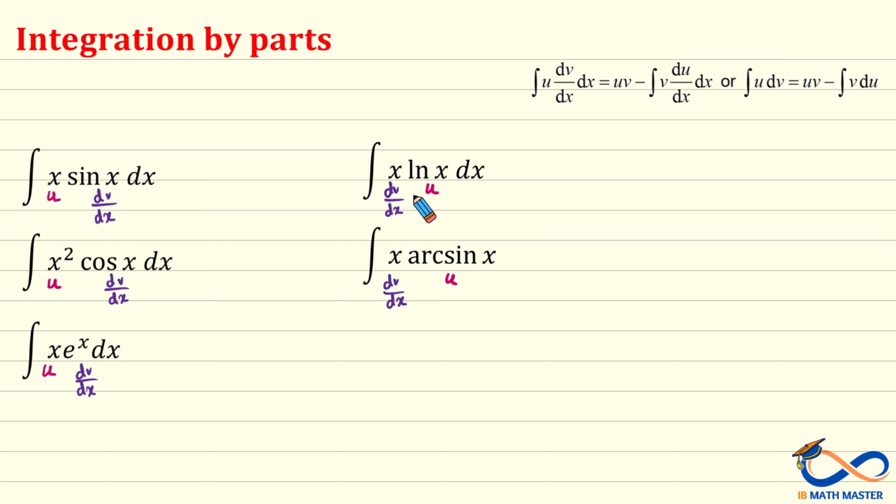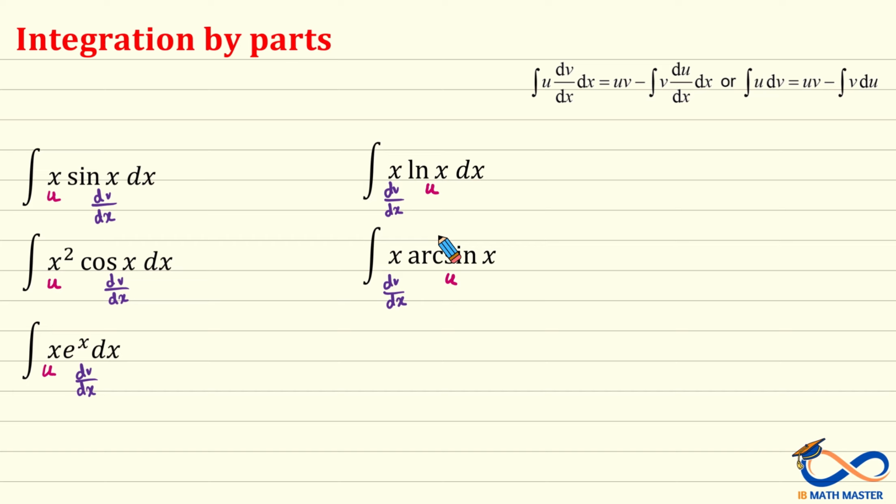But if you have ln x or an inverse trigonometric function like arcsine or arccosine, in that case we assume u to be ln x, and then we find du over dx, and we assume u to be the inverse trigonometric function, but dv over dx will be the algebraic part. Otherwise, if we don't do the same substitution here, we cannot continue.